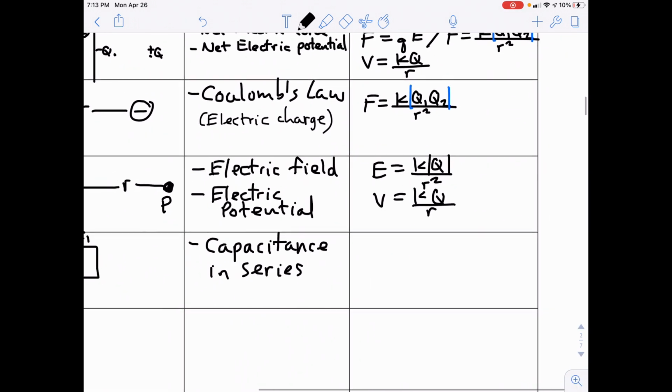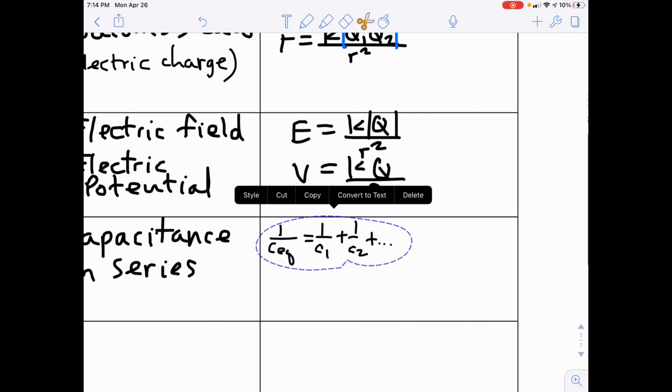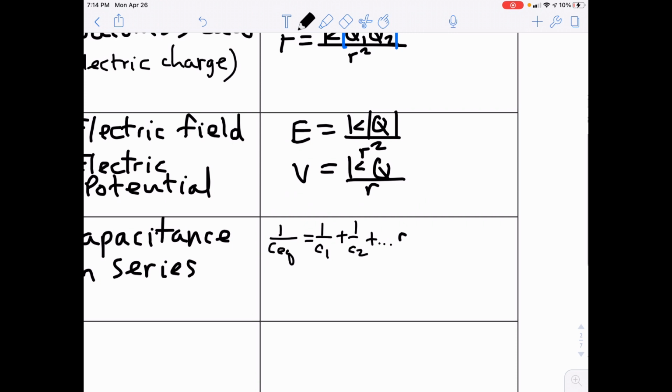For capacitors in series, we have two possible formulas that we can use for equivalent capacitance. 1 over the equivalent capacitance is equal to 1 over C1 plus 1 over C2 plus and so on. We can also say capacitors in series, C_s, would be the product of two capacitors, C1 times C2, over their sum, C1 plus C2, product over sum.